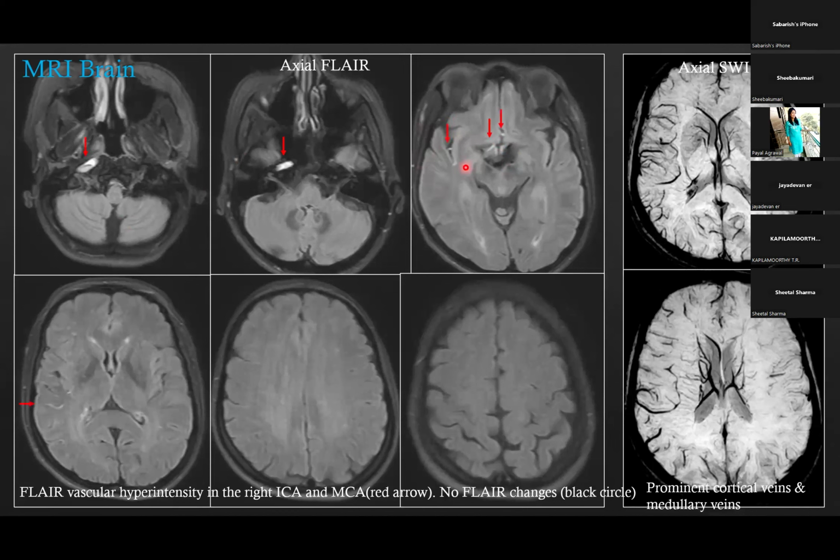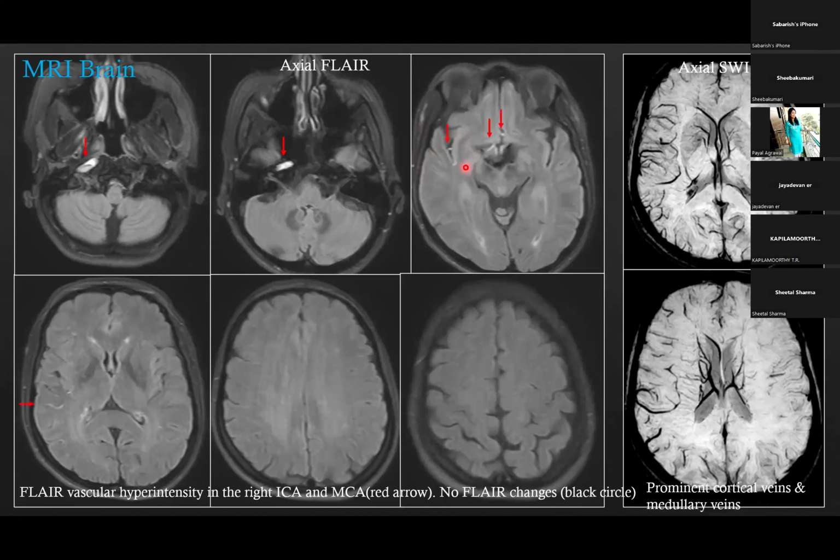The arrows just highlight the FLAIR vascular hyperintensity. There are no corresponding changes on FLAIR, and there is a significant perfusion defect because there are prominent cortical veins on SWI.